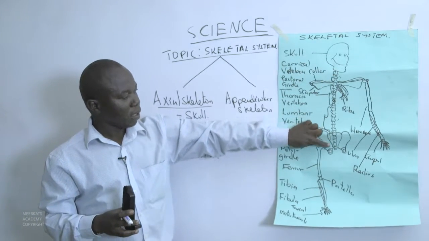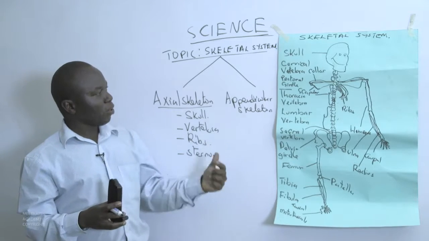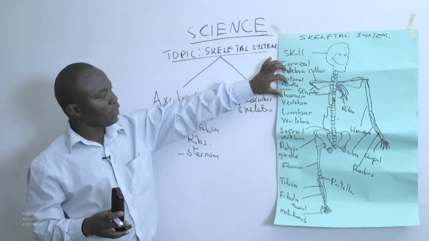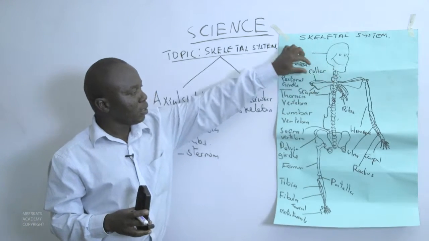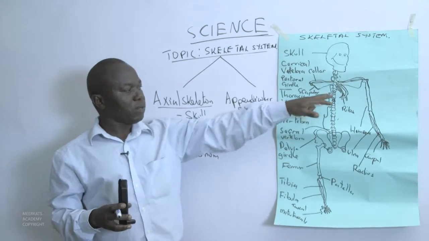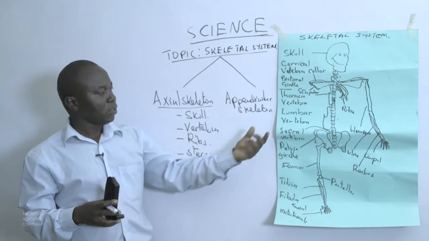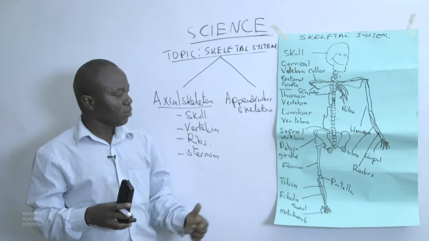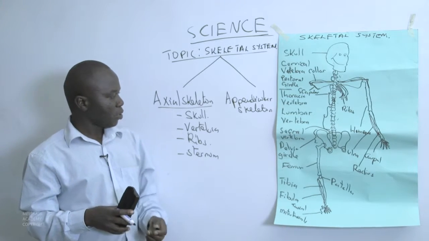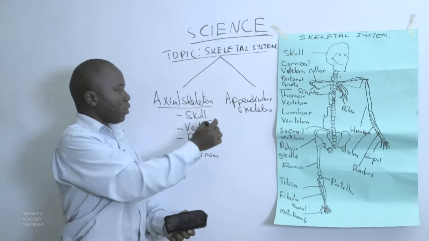On the vertebral column, we are able to identify several parts. We have cervical vertebra in the neck region, thoracic vertebra found in the thorax region, lumbar vertebra in the abdominal region, and sacral vertebra, the tail part of the axial skeleton.